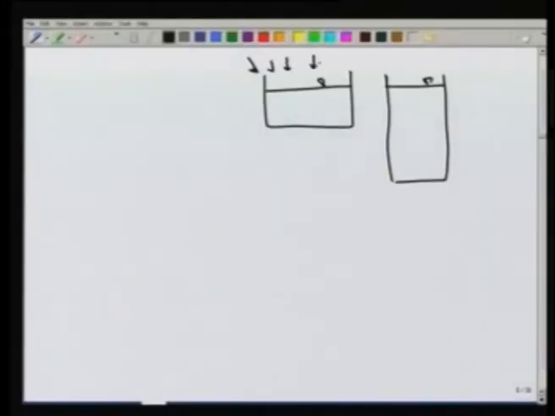In this case, the solar radiation which is hitting the surface, the heat energy, will be absorbed by this body, but in the deep body the heat energy will be absorbed by the lower layer.